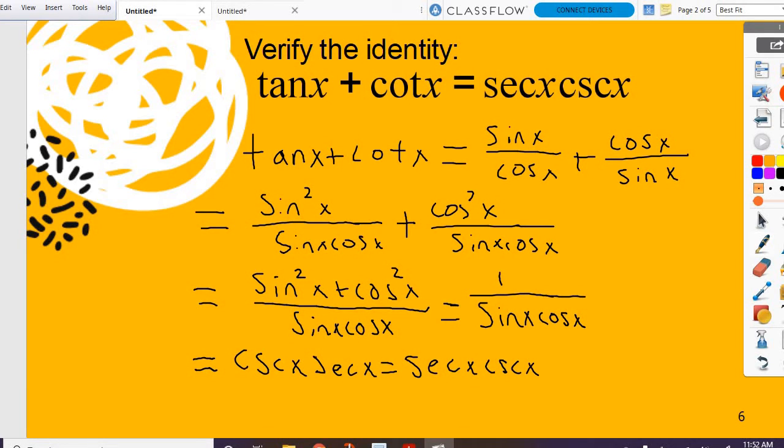Then remember, we want to write out our concluding statement. So we would say, therefore, tangent of x plus cotangent of x equals secant of x times cosecant of x. Any questions on that?